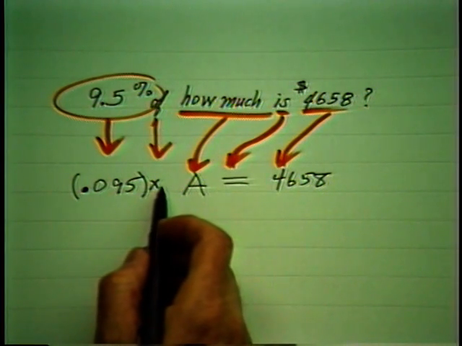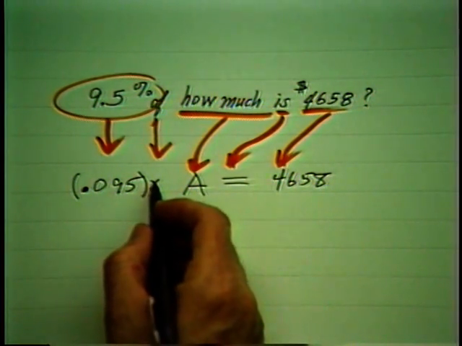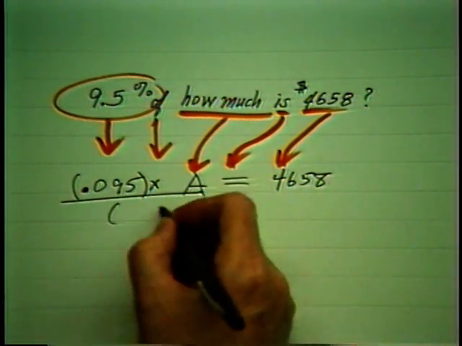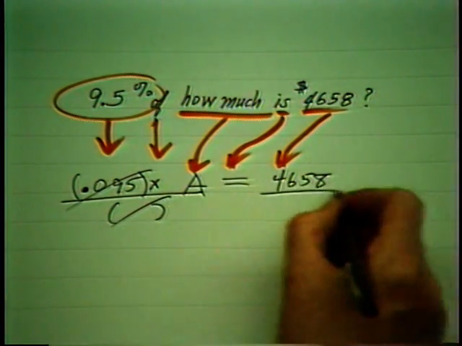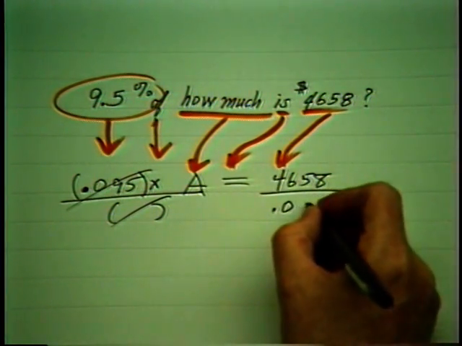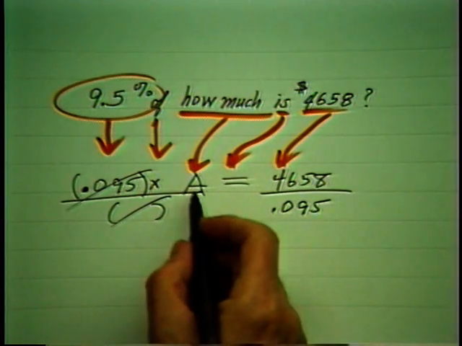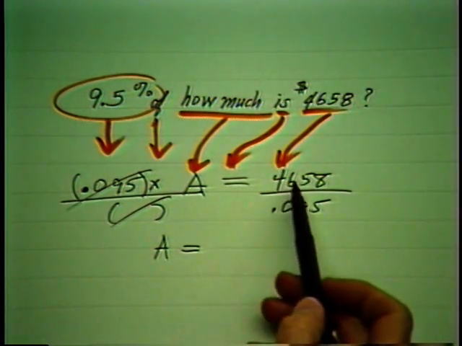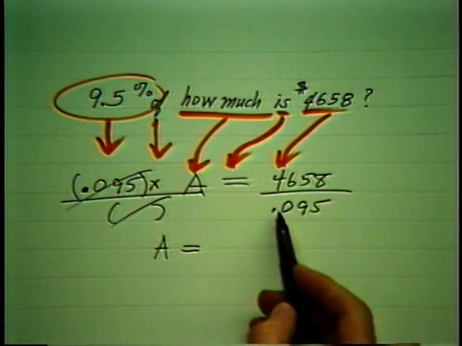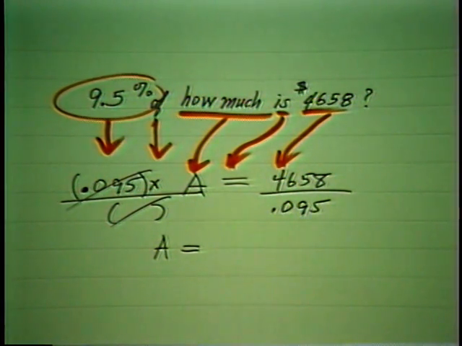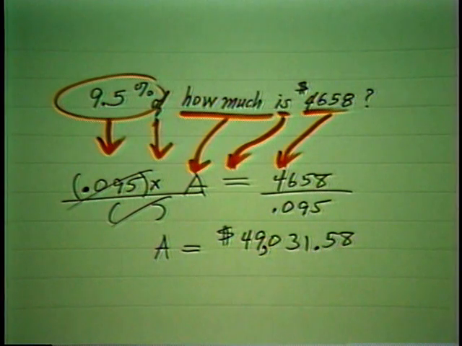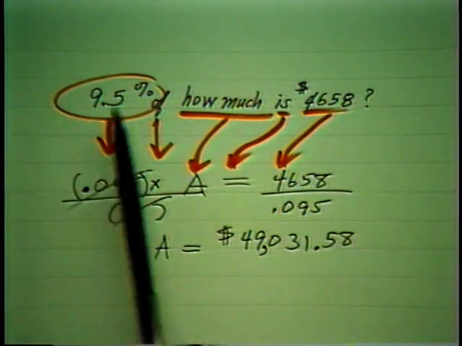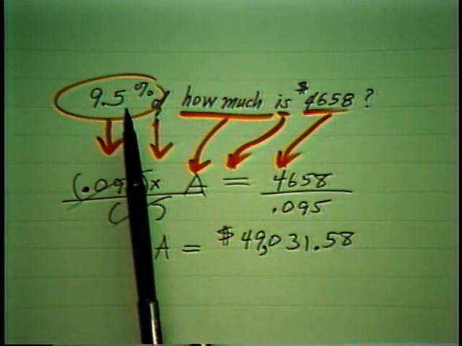And we have a simple sentence where we recognize that to undo multiplication, we divide both sides by the multiplier of the unknown. So now our sentence says that A is 46.58 divided by 0.095, which is $49,031.58. The secret was to try to get this simple statement of our problem.